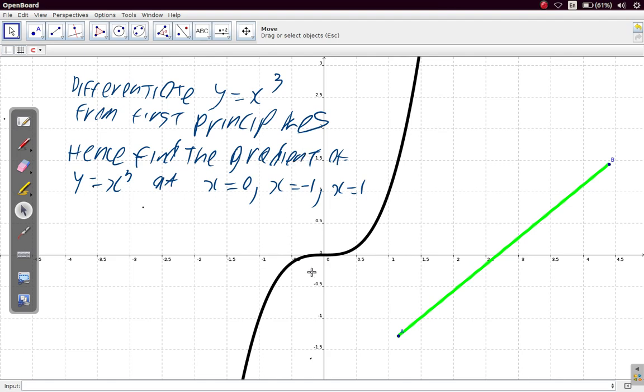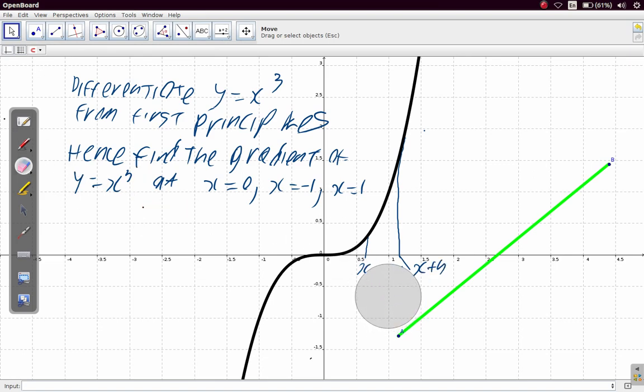So remember now, y equals x cubed is our function here. If you choose a point, any point, x equals that, just like with the previous one with x squared, you choose another point. This is x2, but x2 is given by x plus some value h. So here you have x plus h, all right?